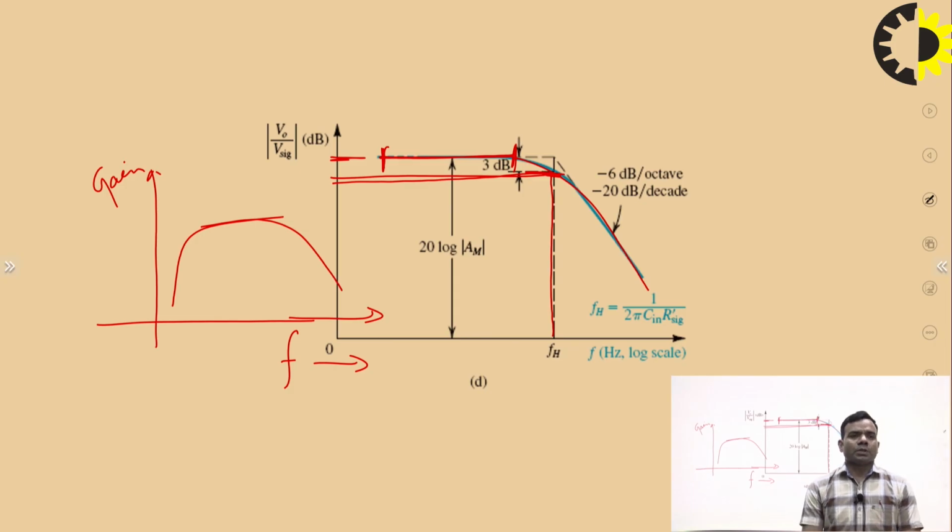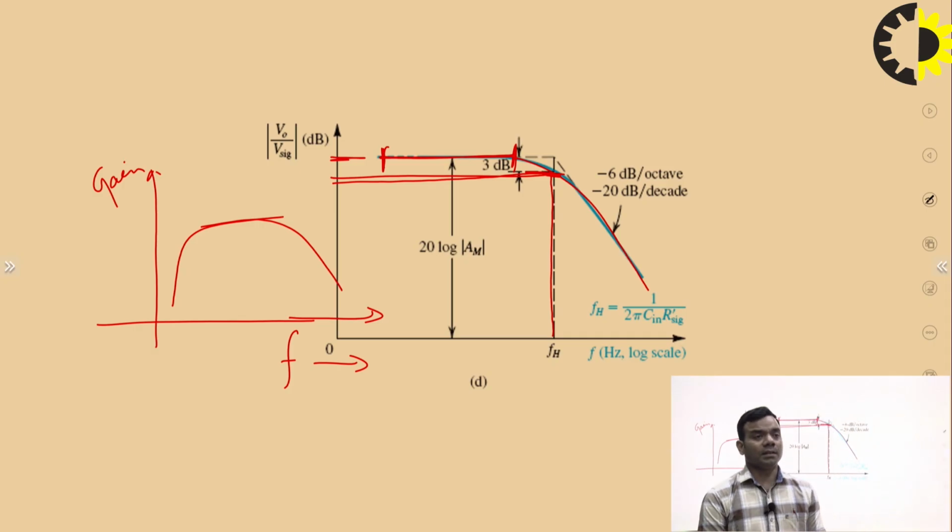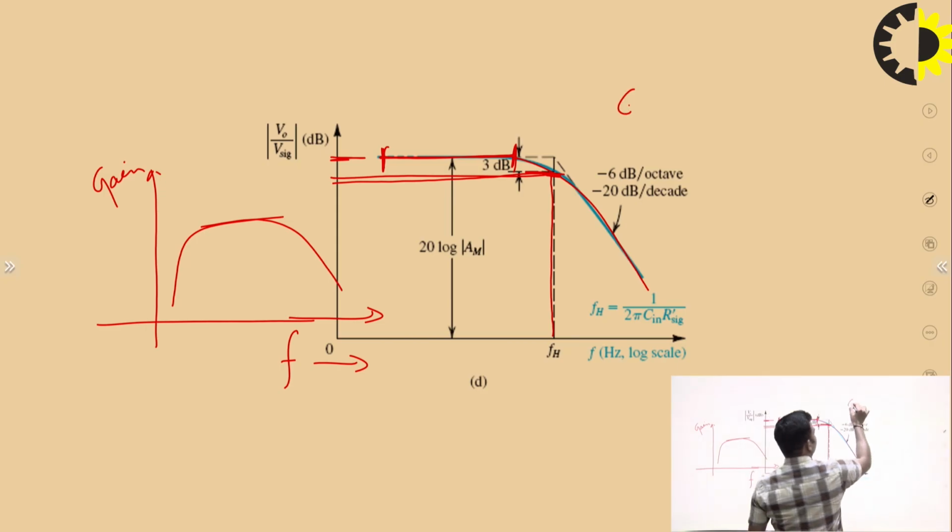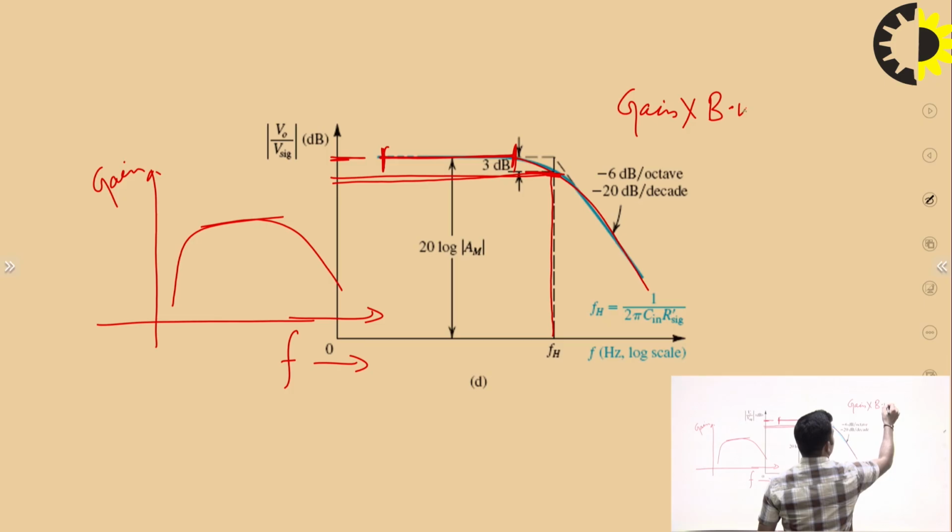And there is one more thing that we can discuss: if you cascade more amplifiers, then what will happen to gain and frequency. See, actually the gain and bandwidth product is constant.